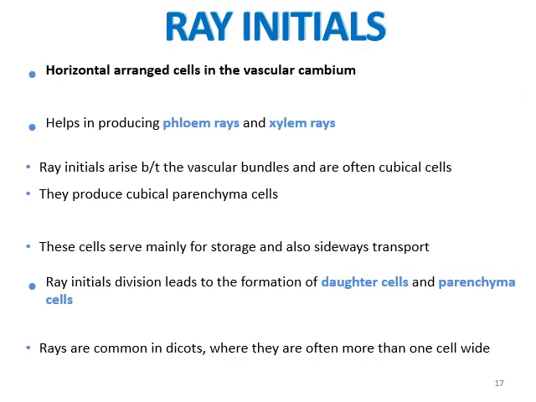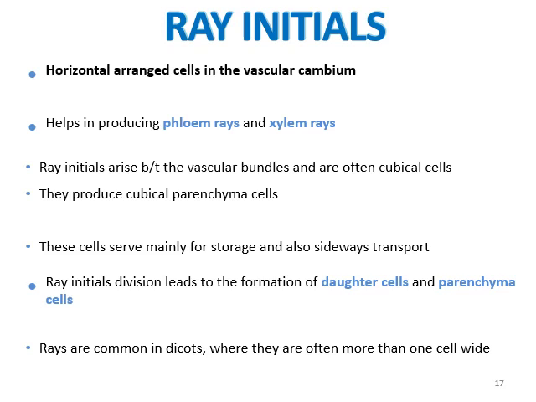Here we have the features of ray initials. These cells are horizontally arranged in the vascular cambium, and they help in producing phloem rays and xylem rays. Here I elaborate the two terms, phloem rays and xylem rays.